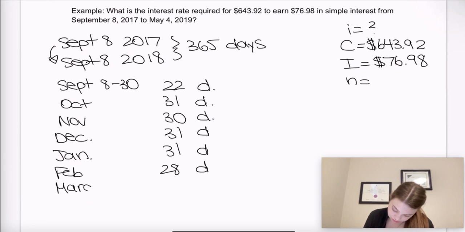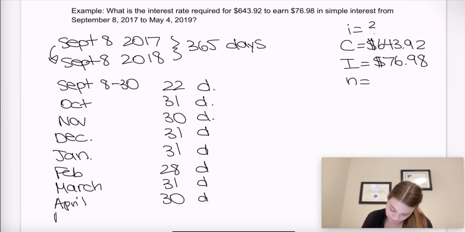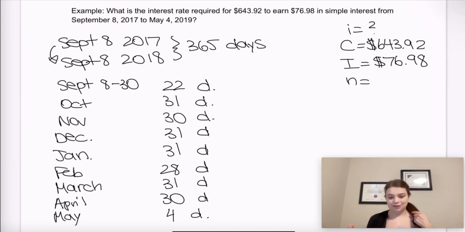March has 31 days. April is 30. And then May, we're just going up to the 4th, right? Because we're going up to May 4th of 2019. So we're going to say 4 days. I know there's really more than 4 days in May, but there's only 4 days in May that we're calculating here.